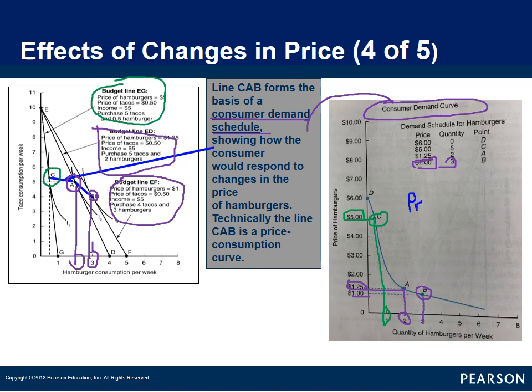So it may be referred to with both of those terms, consumer demand curve or price consumption curve. And we're going to spend the next little bit of time in general looking at demand curves.